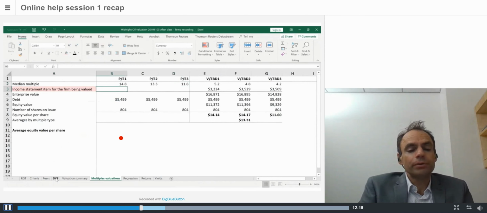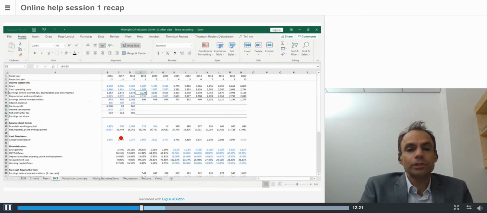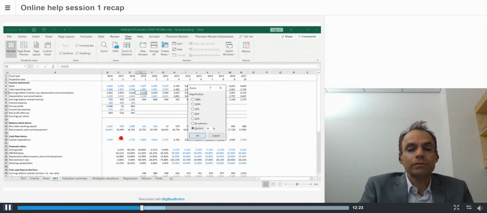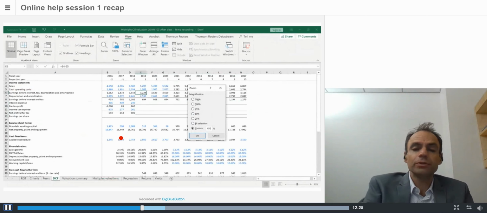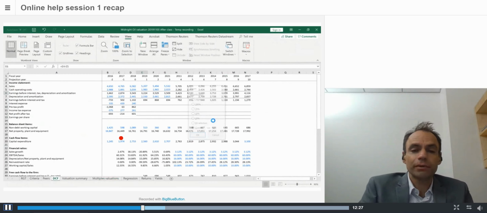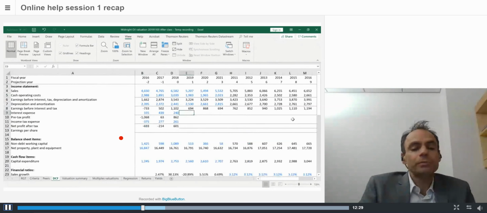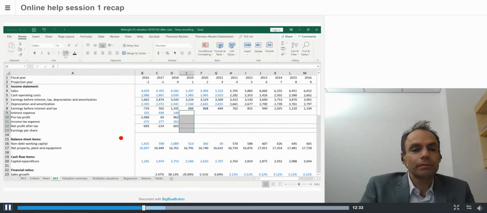We already computed in our discounted cash flow worksheet estimates of earnings before interest and tax. We use those to do our discounted cash flow valuation. But to get earnings per share, I have to work all the way down my income statement to estimate pre-tax profit, net profit after tax, and ultimately earnings per share.